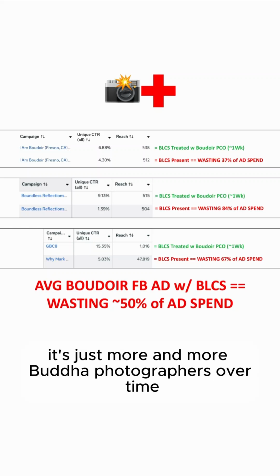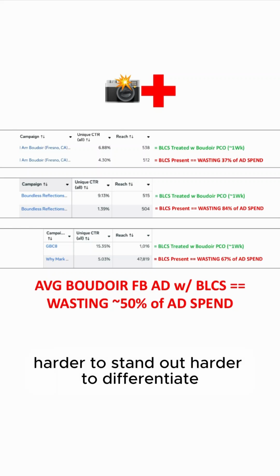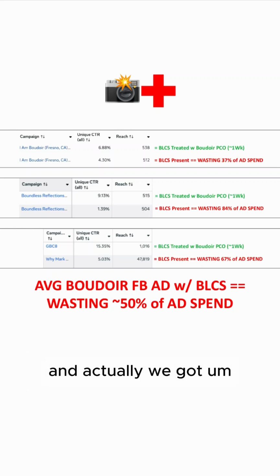So it's just more and more boudoir photographers over time, competing over the same number of buyers, harder to stand out, harder to differentiate.